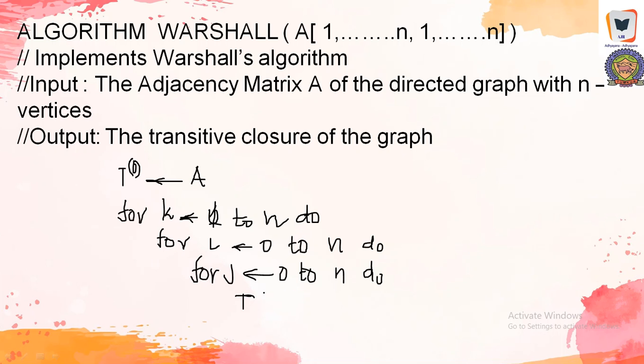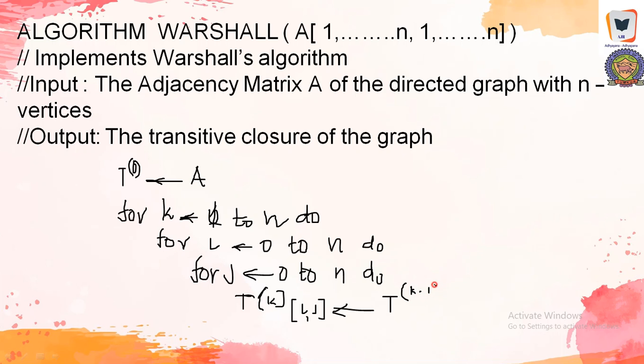Okay. T of k, the entry that is made in T of k, as far as the ith row and jth column is concerned, is equal to T of k minus 1, i comma j.